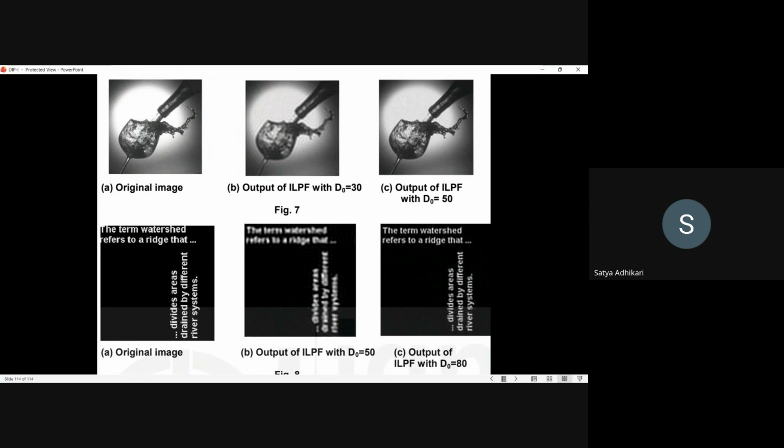And the output of ILPF with D0 equal to 50 is clearer than D0 equal to 30. In D0 equal to 30, it may be visible to you that there are some unwanted lines. If we increase the D0 value, those lines disappear and we get a clearer picture.